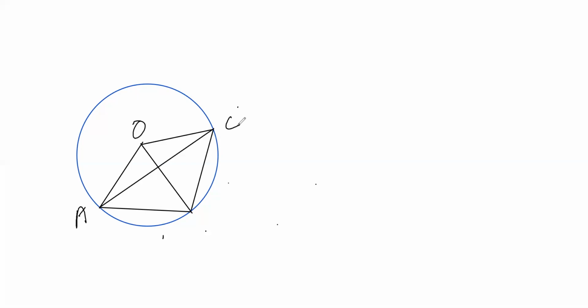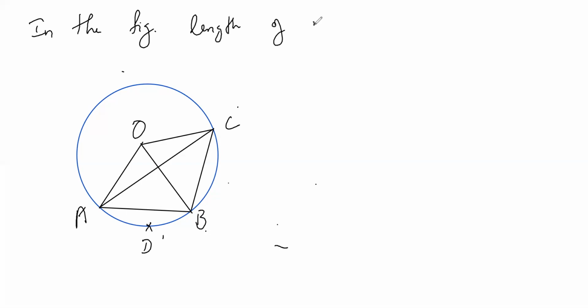So O is the center of the circle. In the figure, I'll just write out the question here. In the figure, the lengths of arc AB and arc BC are in the ratio 3:2.